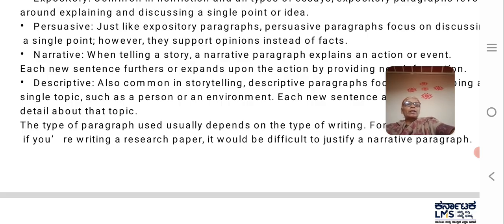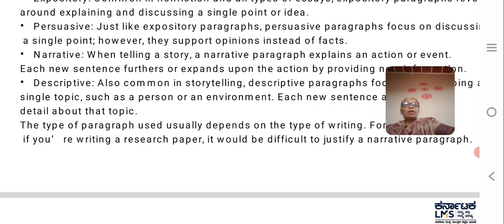Each new sentence further expands upon the action by providing more information. Narrative paragraphs explain an action or an event. They give new information that adds to the plot.